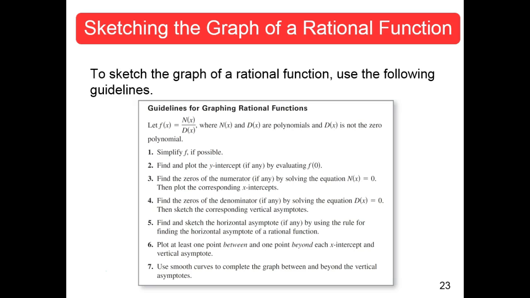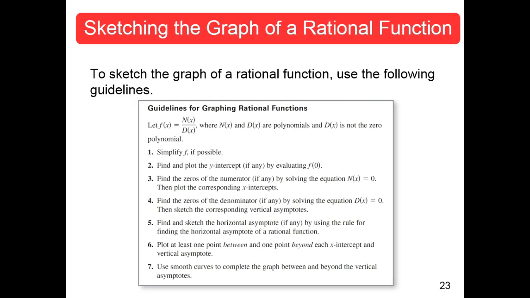But if it's any other polynomial other than the zero polynomial, you can. Now, here's what we didn't do before: simplify if possible. In other words, if both can be factored, factor them, see if you can eliminate any common factors. That's what we didn't do on the B part.